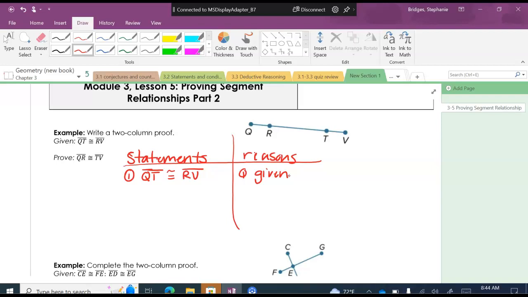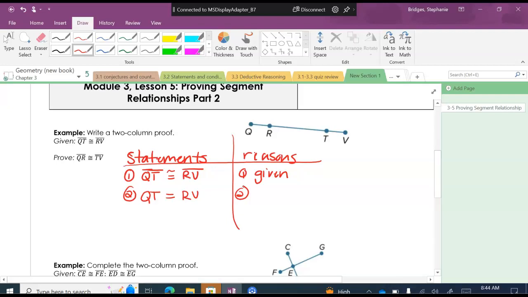If I have two congruent segments, the only thing that we can say is that the lengths of those segments are equal. So for my second step, based off of my first step, I'm going to say the same thing, but instead of saying segment QT is congruent to segment RV, I'm going to say segment QT is equal to RV, because now I can talk about the lengths of those segments.